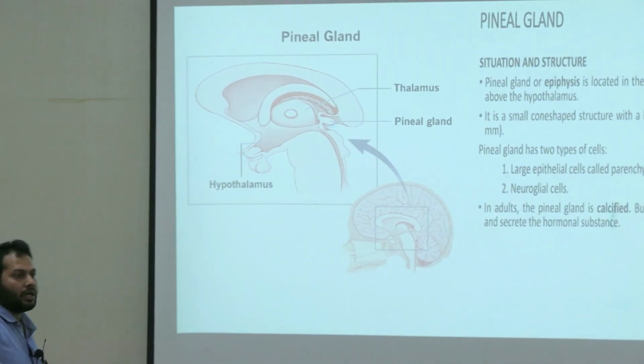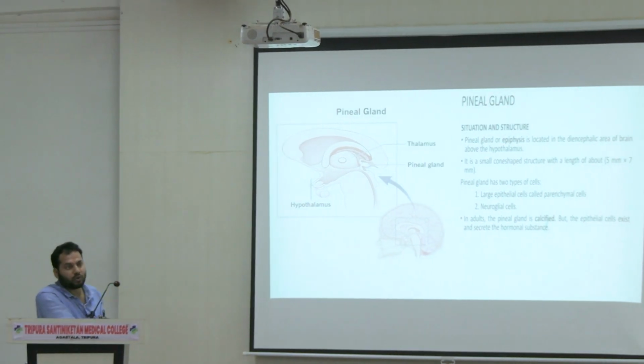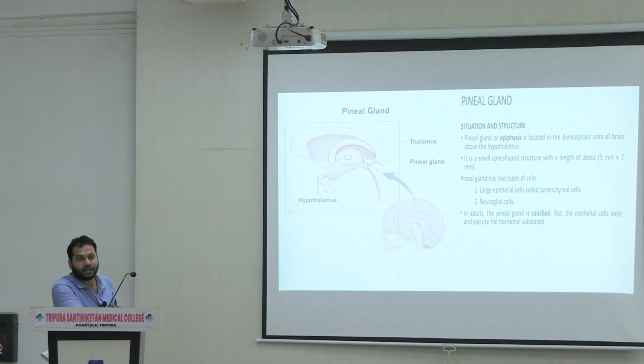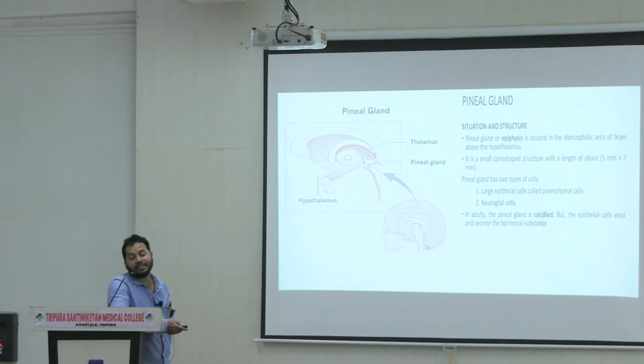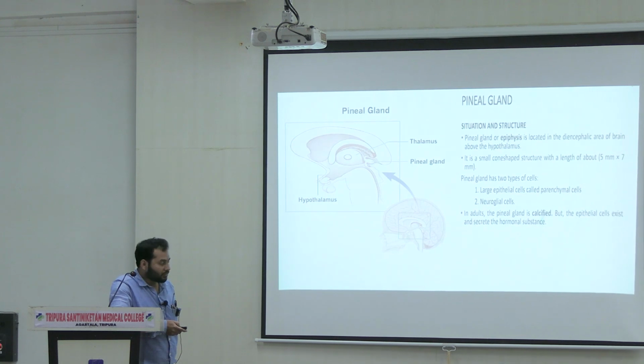Here, the most important features that I am going to discuss about the pineal gland are the structural basis and the synthesis, and the most important thing is the role of the melatonin hormone.